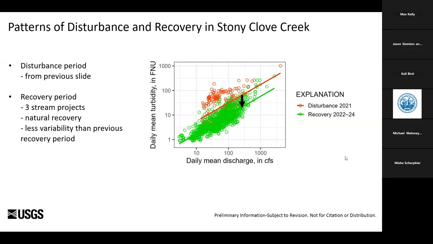The important thing here to note too is that we have a lot less variability in this recovery period than we saw in that earlier recovery period, especially at the low flows. We're not seeing those high turbidity values anymore. So more of those chronic sources within the watershed have been shut off with some of the projects that were implemented.